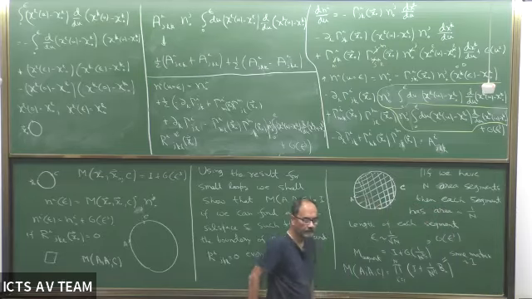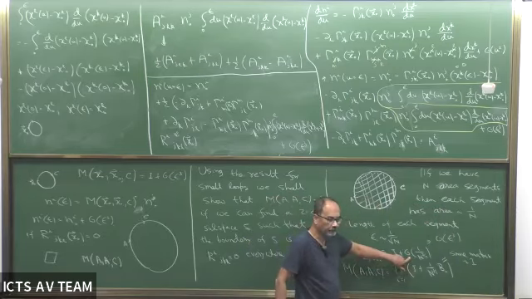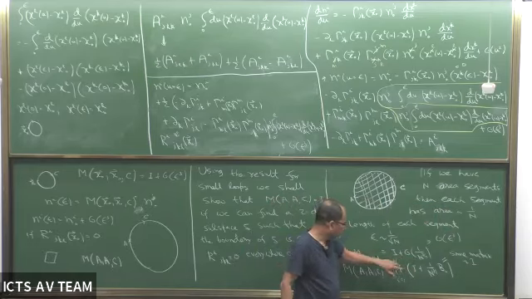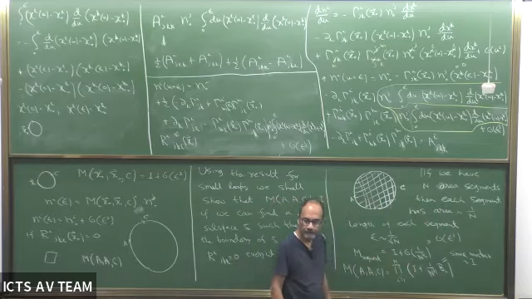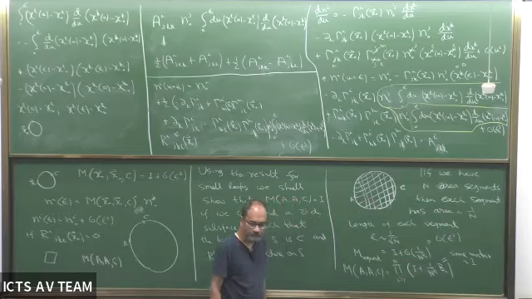This result follows from this, because along each segment it's identity plus order epsilon cube. Order epsilon cube is 1 over n to the 3/2, since epsilon is 1 over root n. Is this clear?